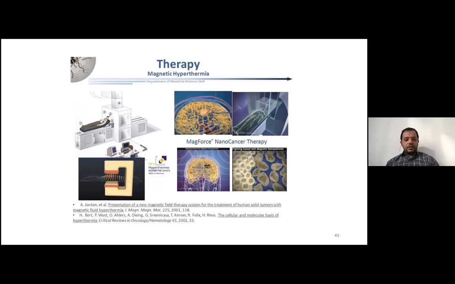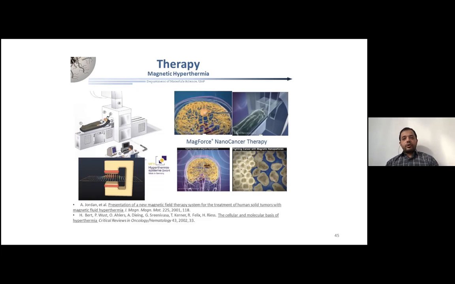There's a company in Germany called MagForce. They are doing clinical studies on this technique, and the only problem is that technically it's very difficult to reach the required magnetic field with the frequency at the scale of a human.